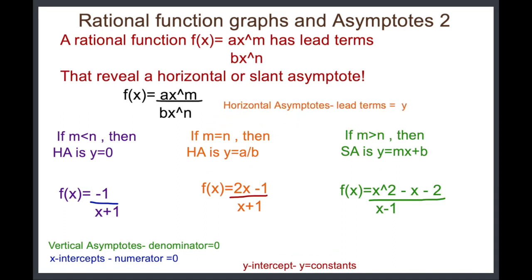Horizontal asymptote, should it be y equals 0? Should it be the two numbers in front? Or should it be these numbers? Or should it be a slant asymptote, as in the case when the numerator has a bigger exponent than the denominator? Hope this helps you out a little bit in the process of understanding rational functions.